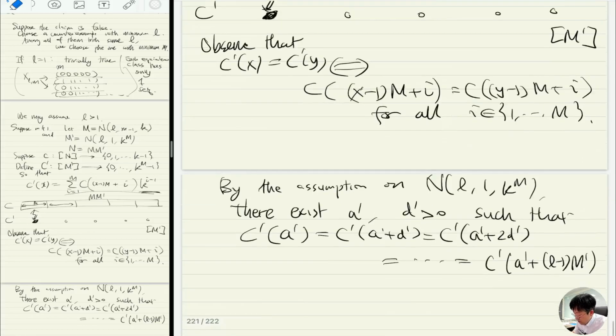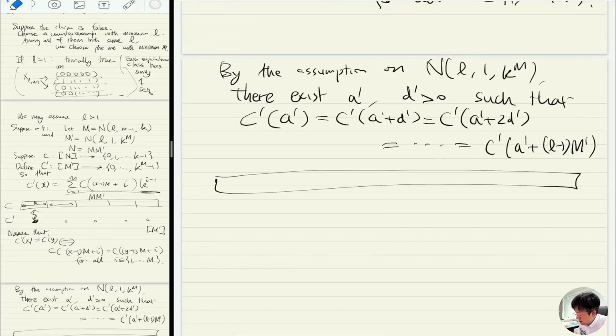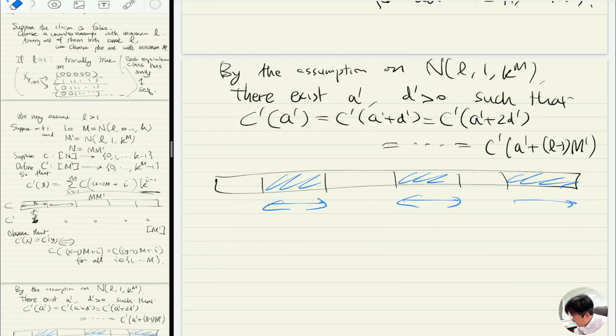So in this long interval, I find some blocks where this is the same as that and that's the same as that. So when you follow the same locations, the colors are the same.